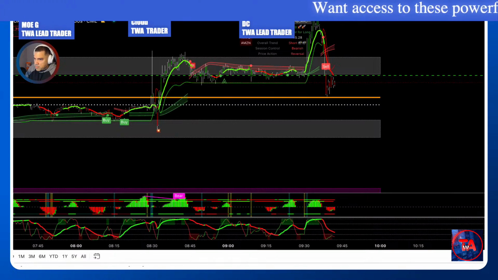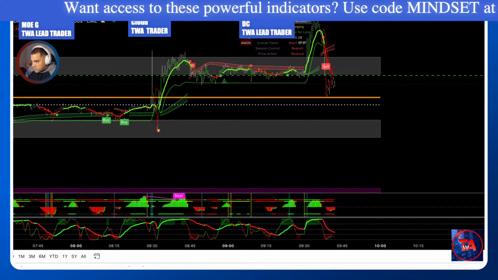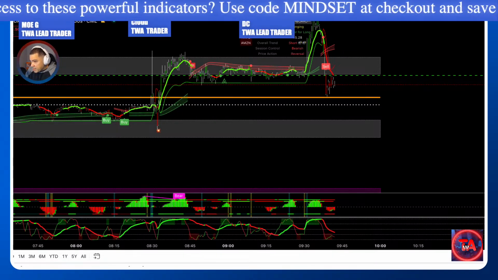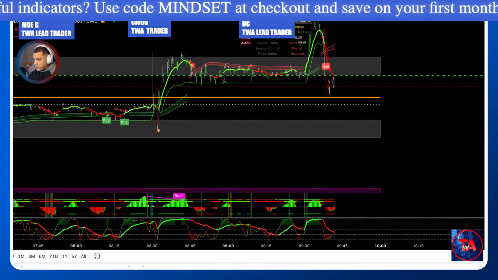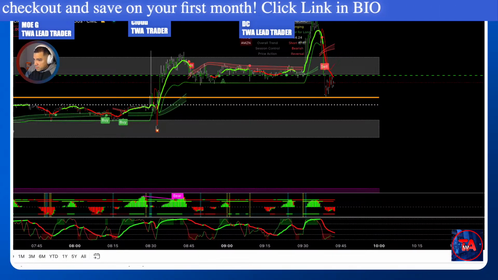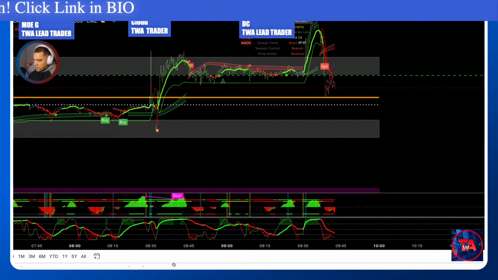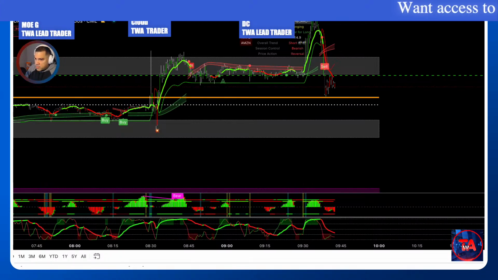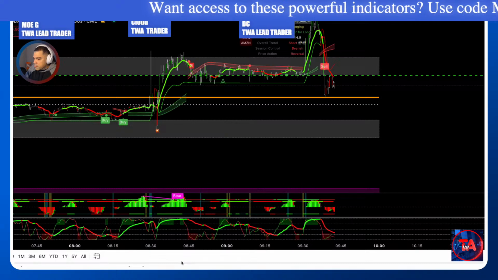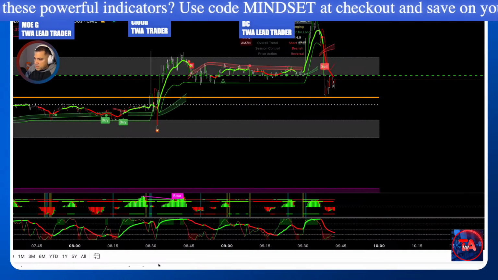IVD turned red. That's not good. TPOs turned off. We might get a signal to go long soon if it can. I don't see the trigger. Potential. I see it. I see it. Come on.